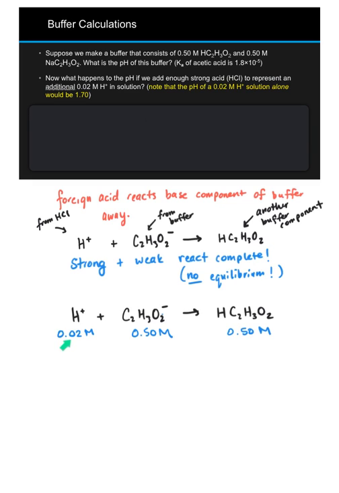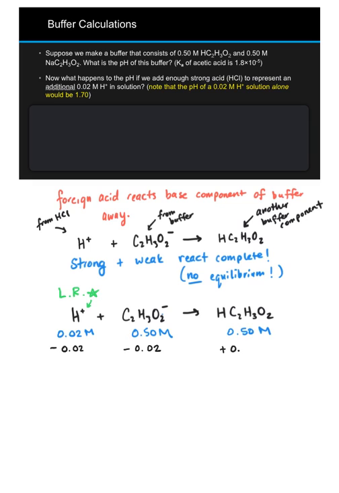H plus is present in the smaller quantity on the left-hand side, therefore it must be our limiting reactant. It's completely consumed and used up through the reaction with acetate. We use up 0.02 molar H plus and a stoichiometrically equivalent amount of acetate because the stoichiometry of this reaction is 1:1.